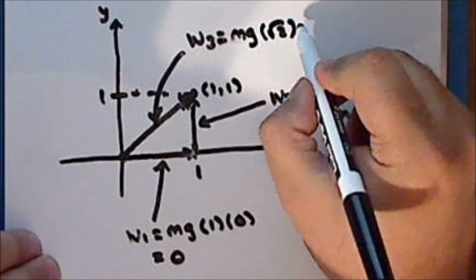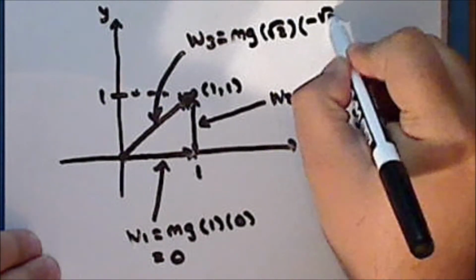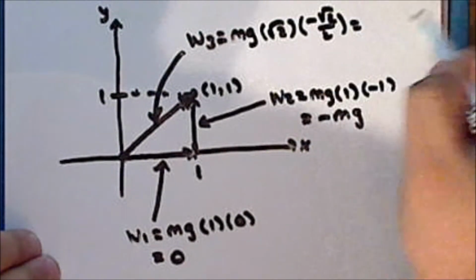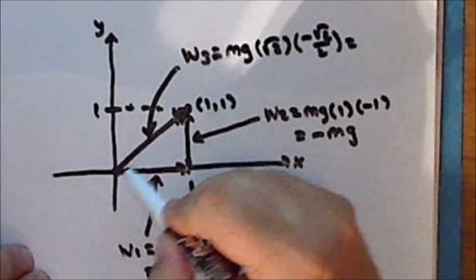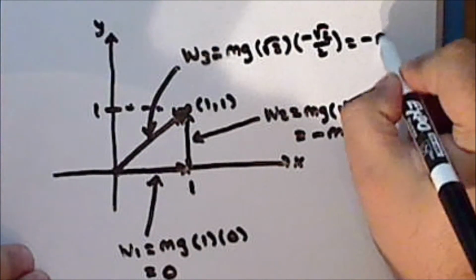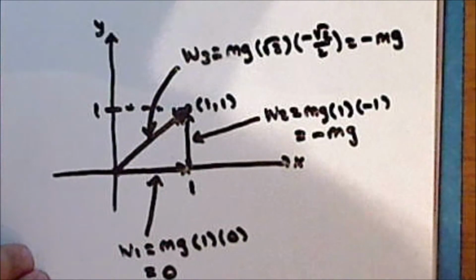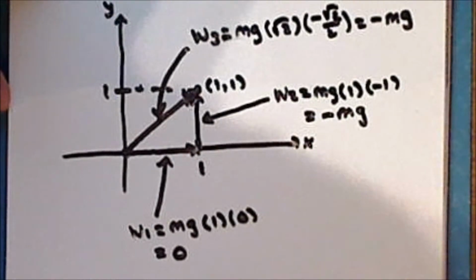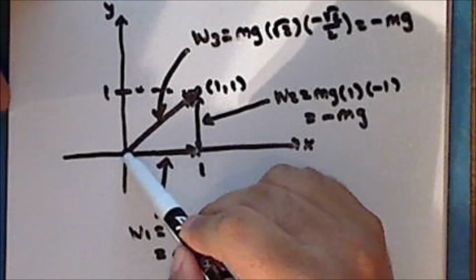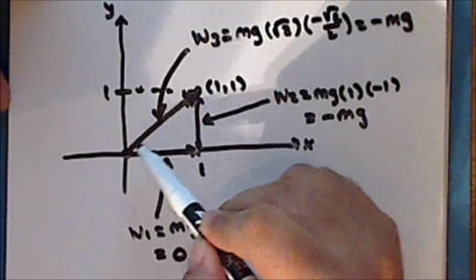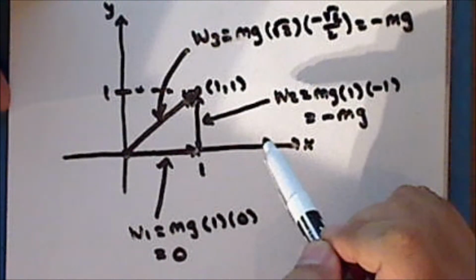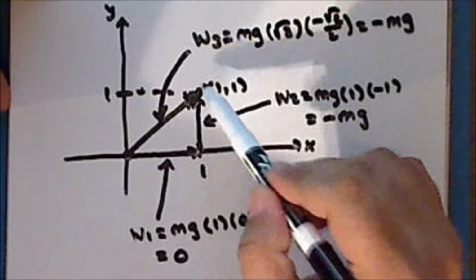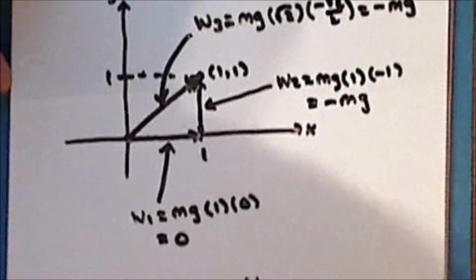Cosine of 135 degrees is negative square root of 2 over 2, so that the work done along this path is negative mg. So notice that the work done by gravity in moving from the origin to the point 1, 1 is the same regardless of the path between the 2 points.